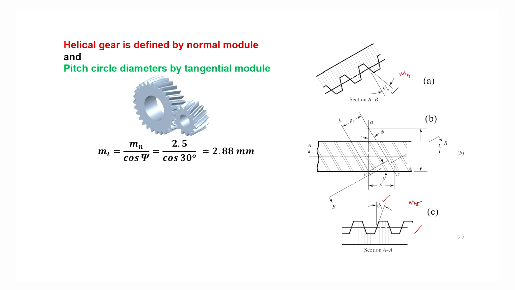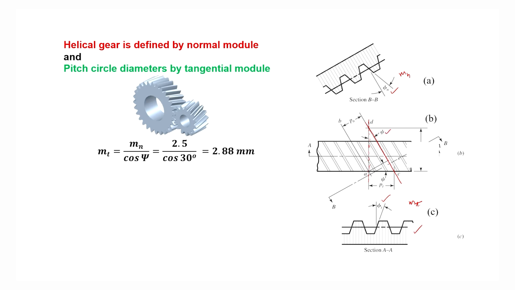And the relationship between MT, the transverse module, and the normal module is MT is equal to Mn divided by cos of the psi, where psi is the helix angle, which is the angle between a line which is tangent to the gear tooth and a line parallel to the axis of rotation. So, this angle is your psi.